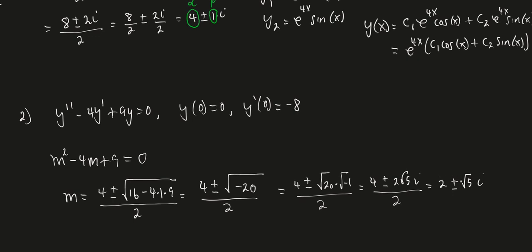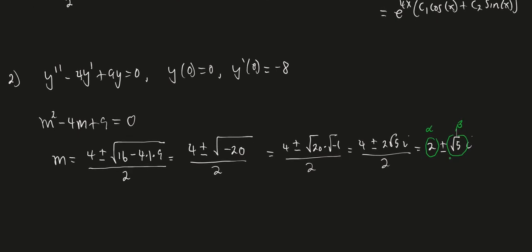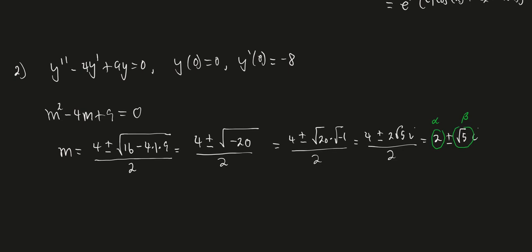Right? And it's completely fine to have a root here. There's no rule that says that alpha and beta have to be integers or even rational numbers, right? So this is our alpha, and this is our beta. So now let's write down what our basis would be.